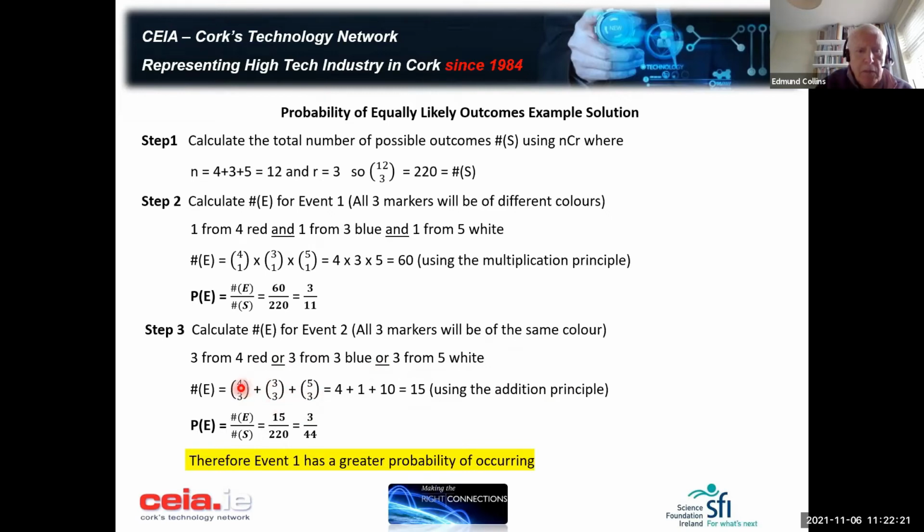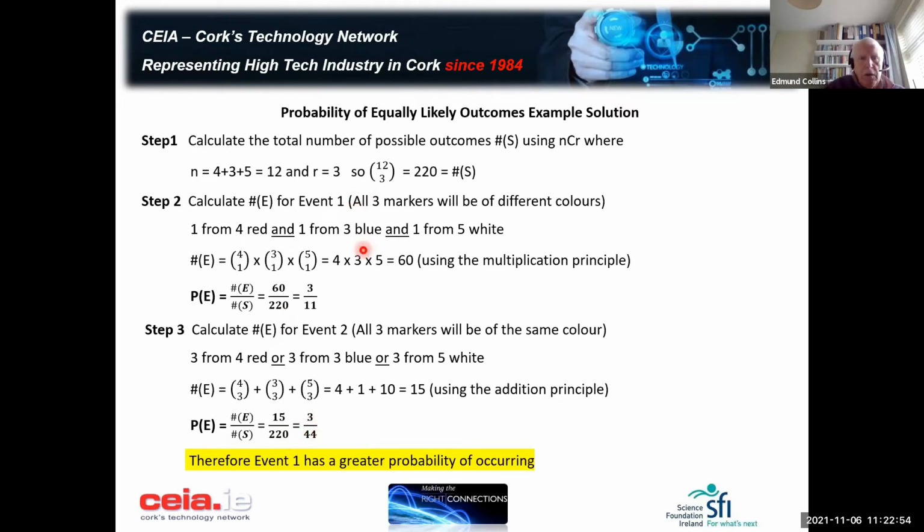So the nCr here, 4C3, 3C3, and 5C3, which works out at 4 plus 1 plus 10, which equals 15. So again, it's 15 over the total sample space, the 220, which simplifies to 3 over 44.